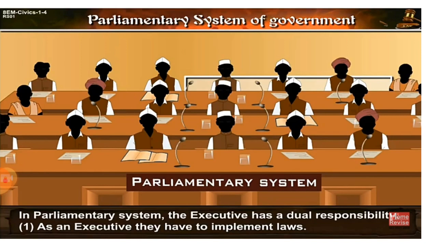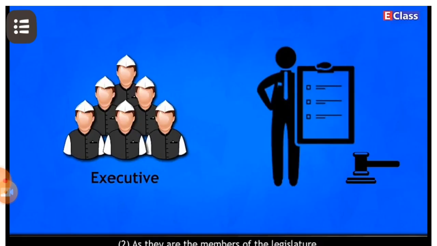First, as an executive, they have to implement laws. And second, as they are the members of the legislature, they also have to fulfill the responsibilities of the legislature.